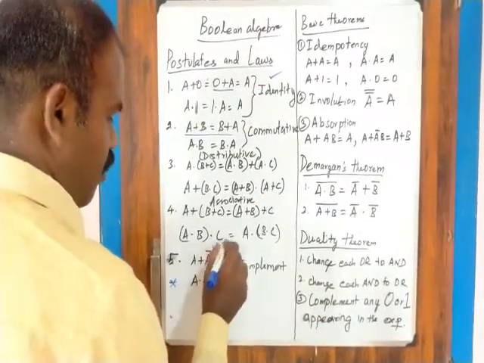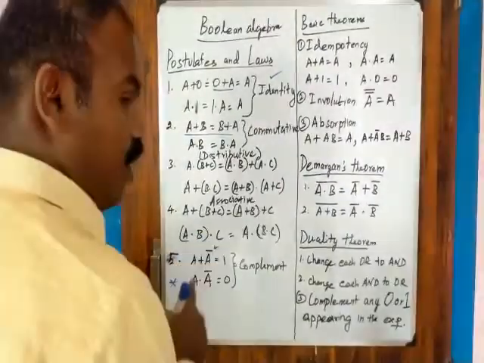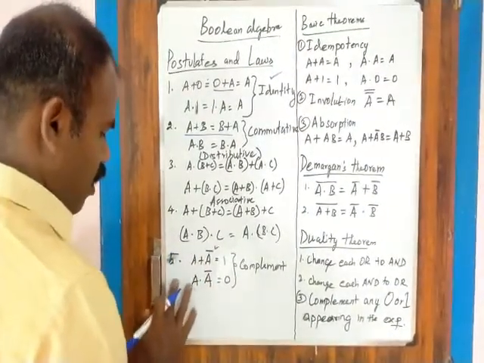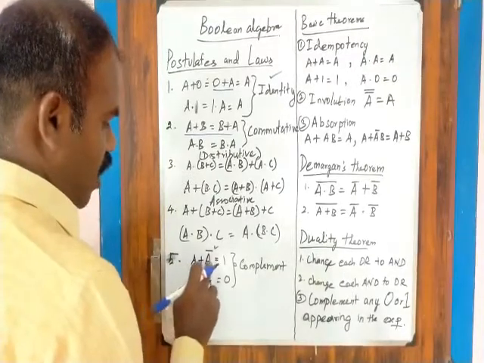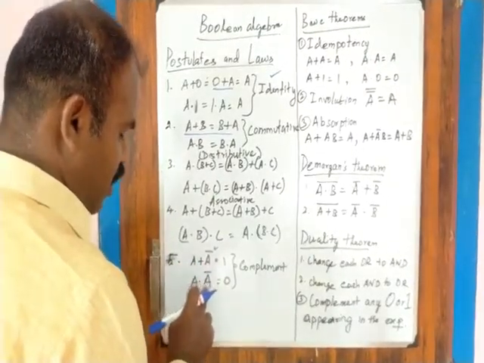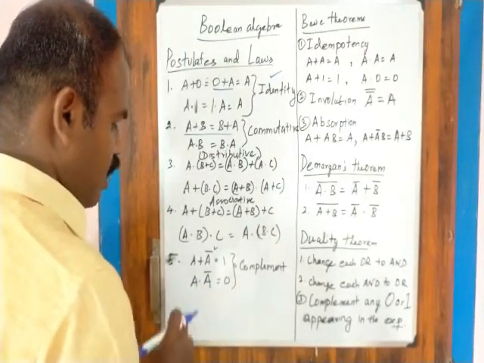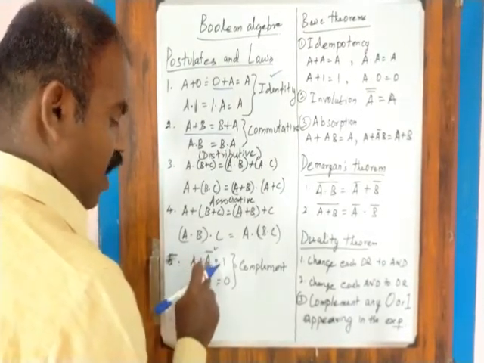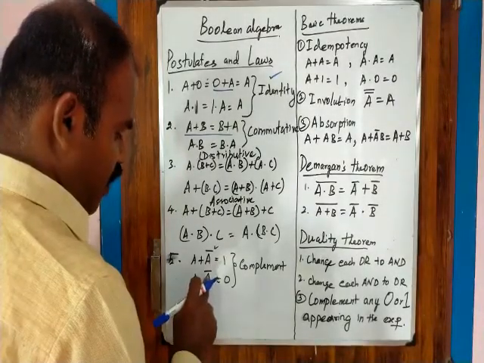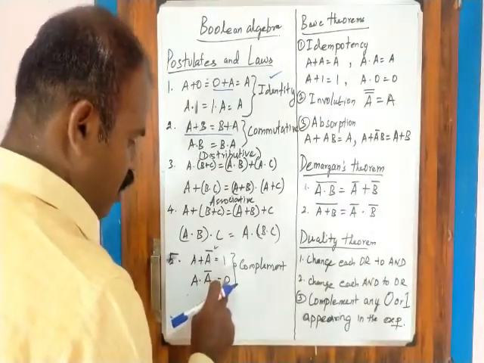A bar means complement of A. So A plus A bar equal to 1. Similarly, A multiplied with A bar equal to 0. That is, A plus complement of A equal to 1. A multiplied with complement of A is 0.